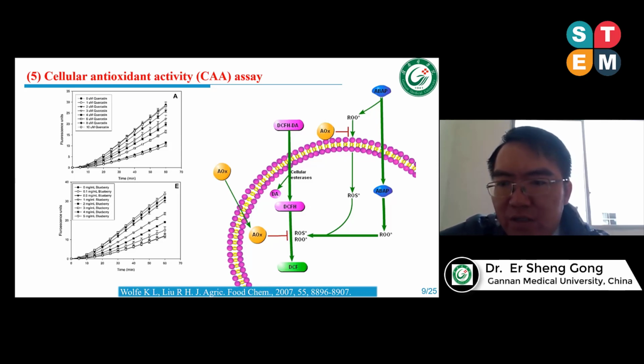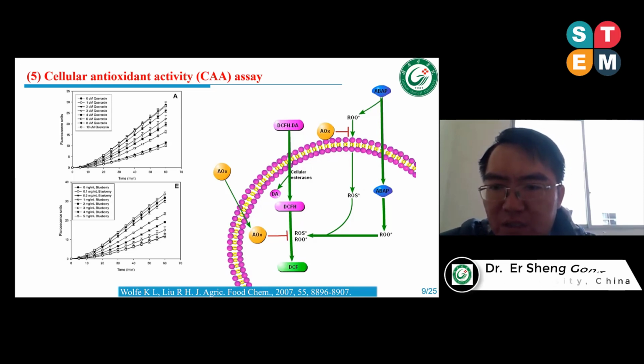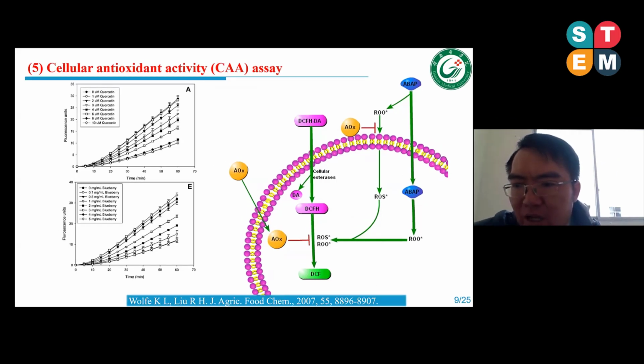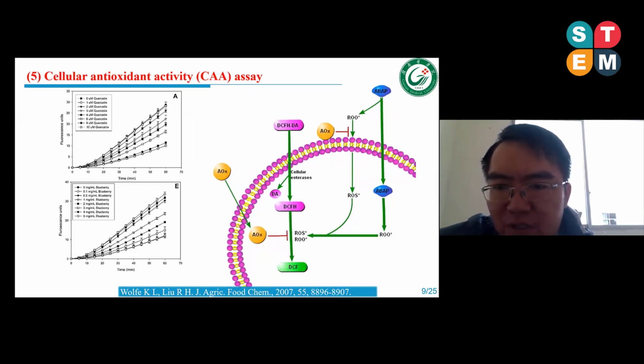The antioxidants bind to the cell membrane or pass through the membrane to enter the cell. DCFH-DA diffuses into the cell, where cellular esterase cleaves the diacetate moiety to form the more polar DCFH, which is trapped within the cell. Cells were treated with ABAP, which is able to diffuse into cells.